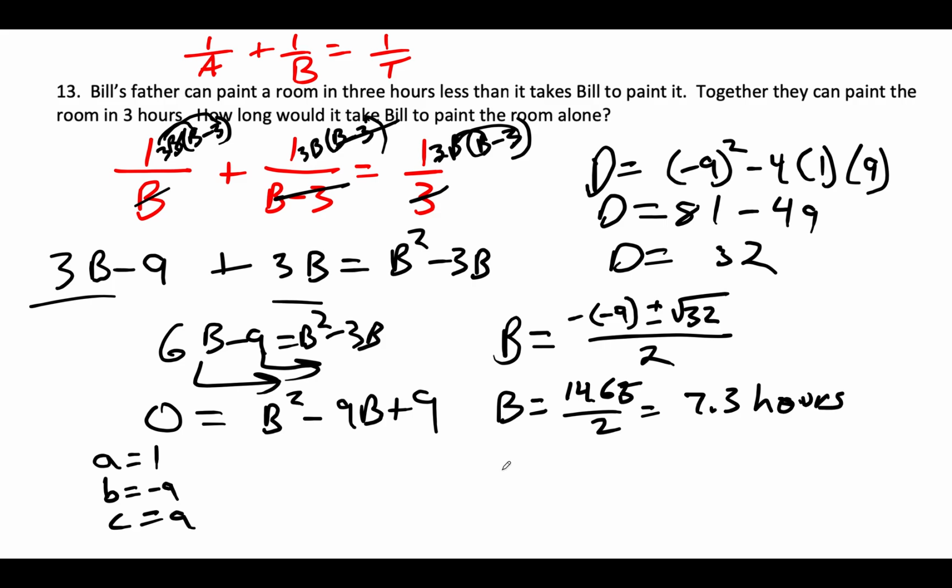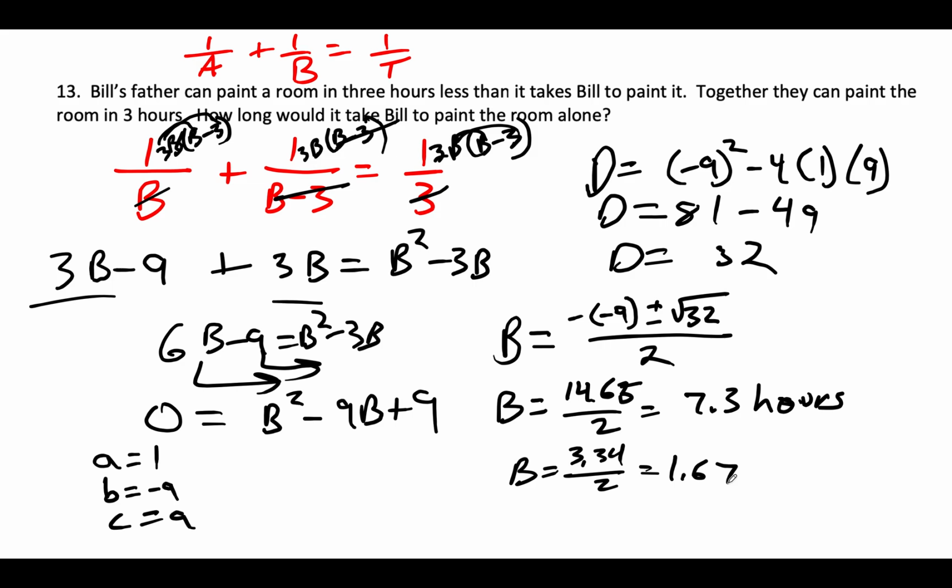That's for Bill. But then I need to do the 9 minus the square root of 32, which gives me 3.34, and Bill would be 3.34 divided by 2, which is 1.67.